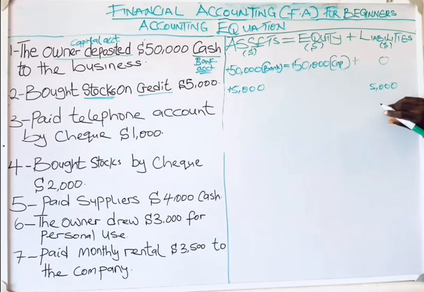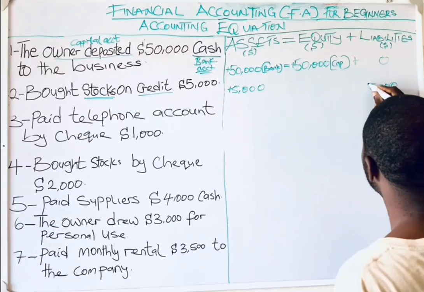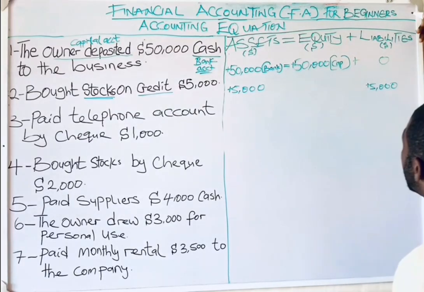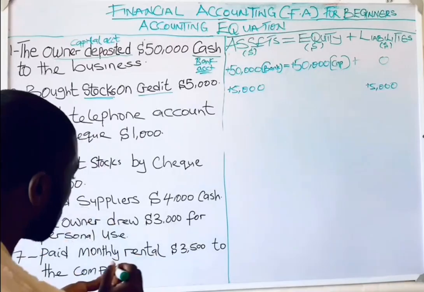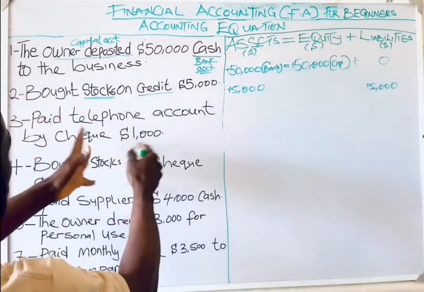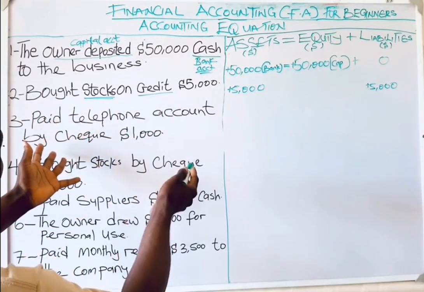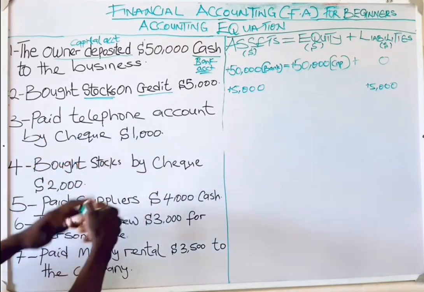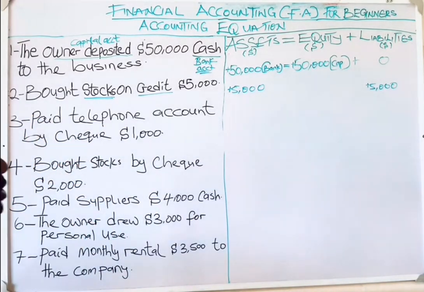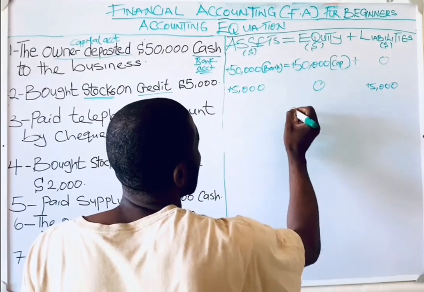You have not settled it, so it is a positive. Now, the equity, there is nothing like equity here. If you look at the transaction, there is no capital, there is no income, there is no expense. You didn't pay for it. You are yet to pay for it. So our equity is zero, nothing.